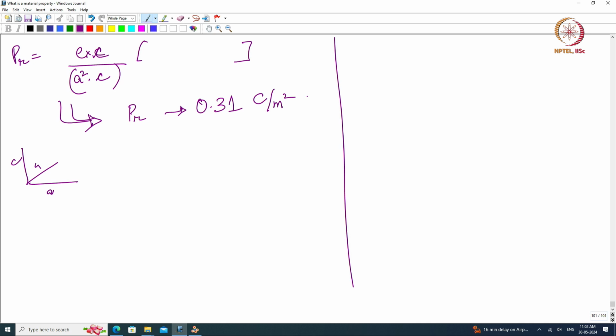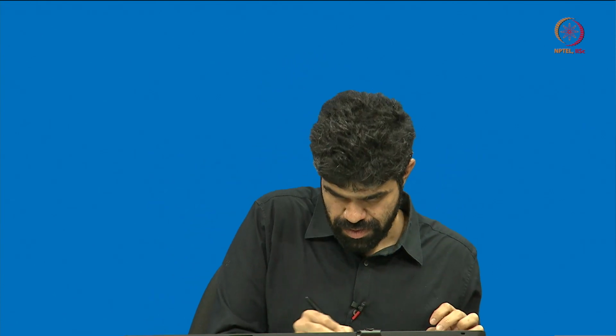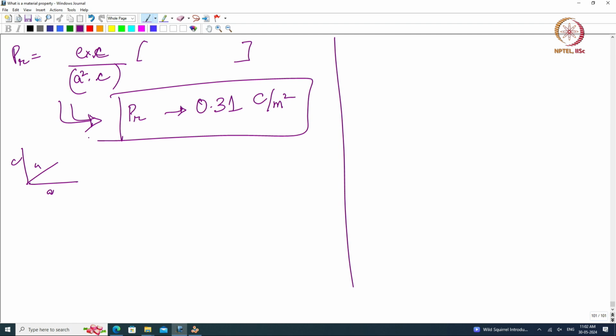So, just by looking at the structure and displacement of titanium, and assuming titanium has 4 plus charge and barium has 2 plus charge and so on, the spontaneous polarization can be calculated to be 0.31 coulomb per meter square, and this is a lot of charge. This is one of the higher ones. Typically people express this in microcoulomb per centimeter square.